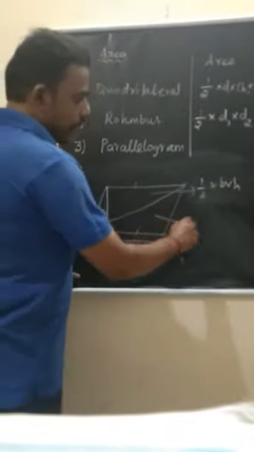So totally 1 by 2 plus 1 by 2, B into H. So base into height, where H is the height of the parallelogram. Using these three ideas, we are going to solve some exercise problems.